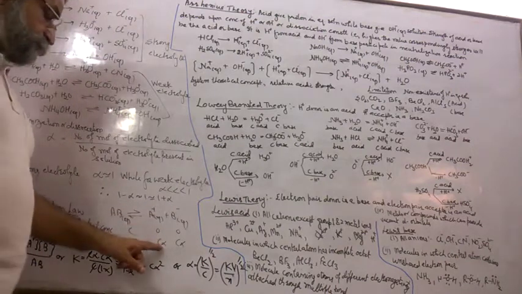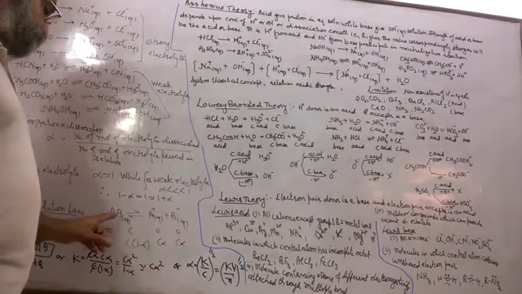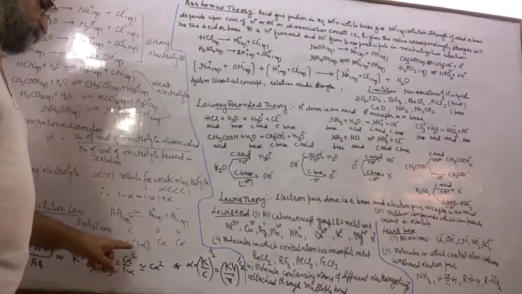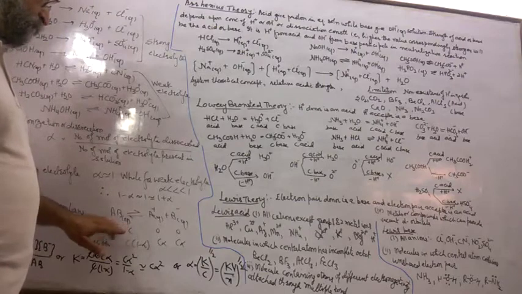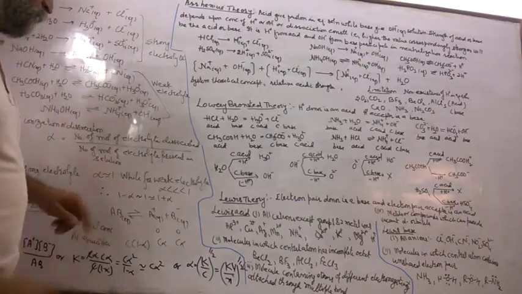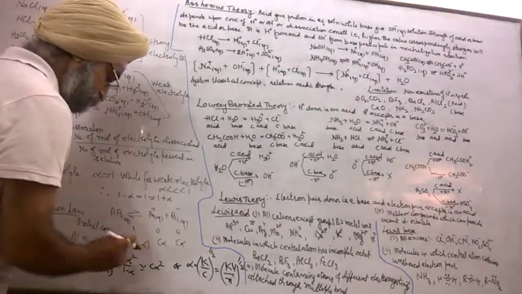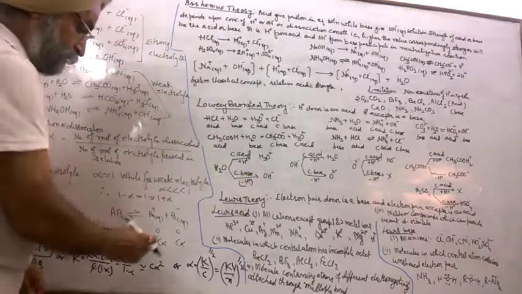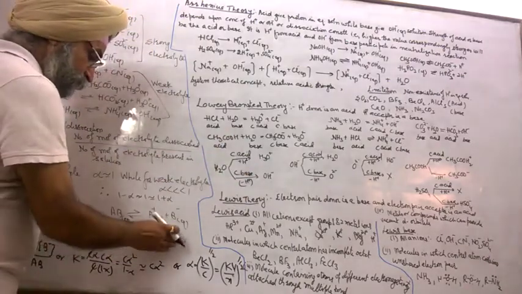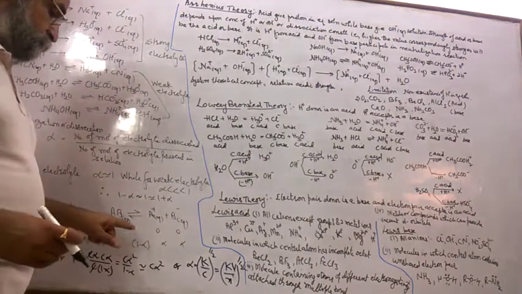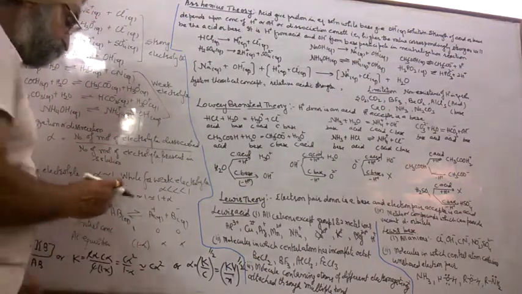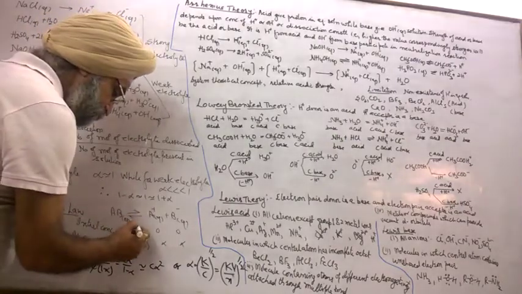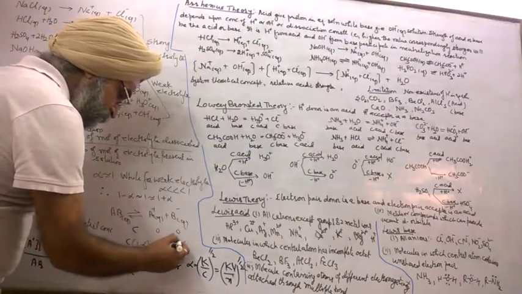The concentration becomes C alpha because alpha goes to this side, and this becomes C into 1 minus alpha. How? Suppose here there was 1 mole, and alpha went to the other side, then what happens? Alpha, so the concentration is C times, so here what comes? C.